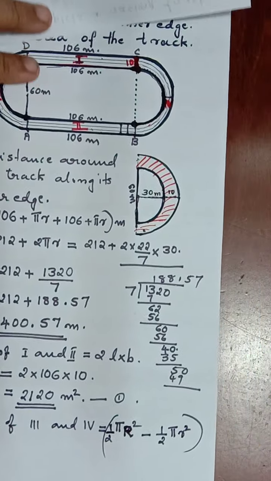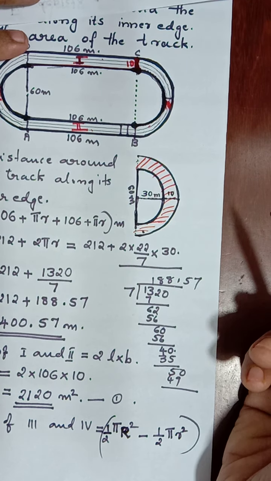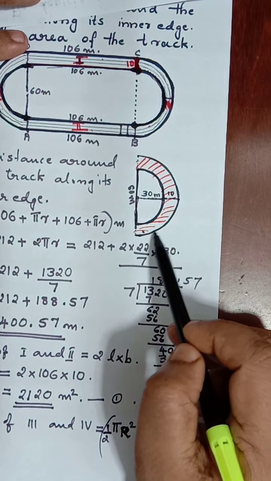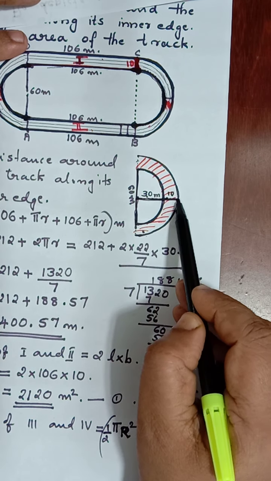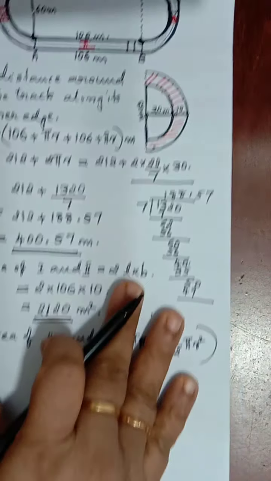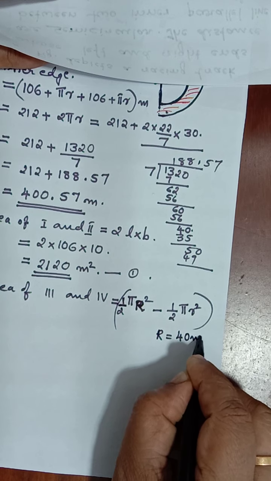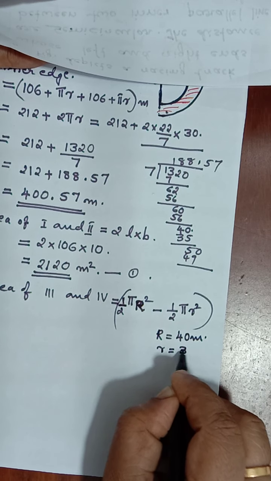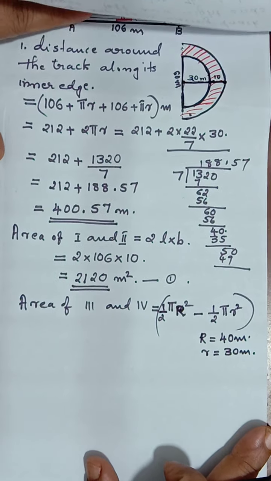That is shown in the figure, children. See once more. The semicircle's area is half pi r square. For the bigger circle, the radius will be 30 plus 10, so 40. Capital R is equal to 40 meter and small r is equal to 30 meter. How many semicircular portions are there?